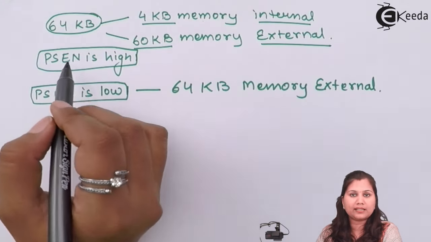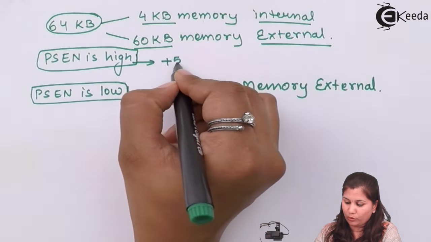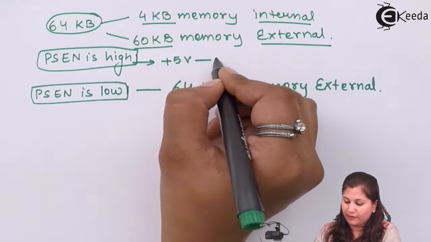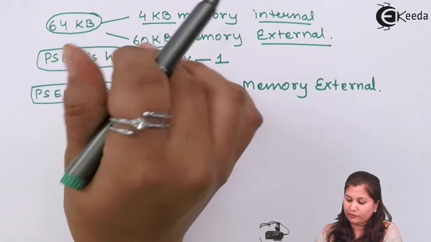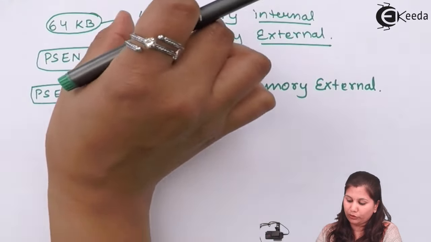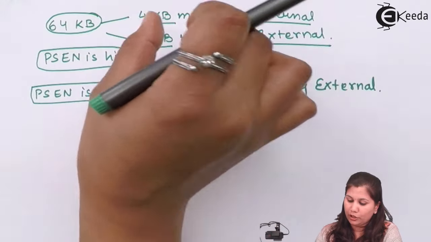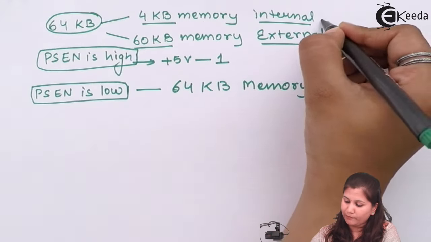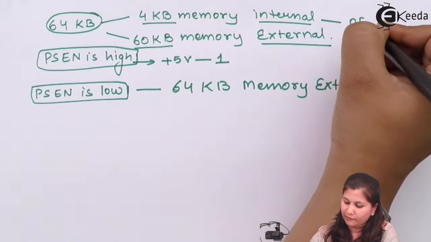If this PSEN signal is high, high means that it is connected to plus 5 volts, or we can say that its value is made 1. Then the 64 kilobytes will be divided into two parts, 4 kilobytes and 60 kilobytes. The 4 kilobytes will be internal, so its addresses will be from 0000 to 0FFF.